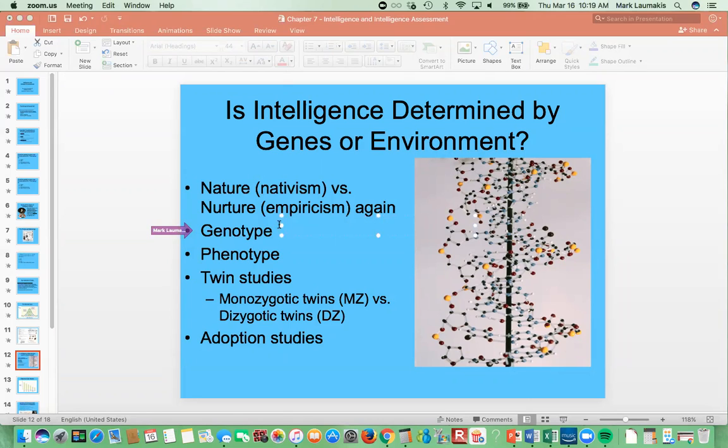Maybe we don't have any biology heroes in our online session right now. The genotype is your actual genetic makeup, right? So it's genetic info collected from your parents. Okay, so the genetic makeup, right?